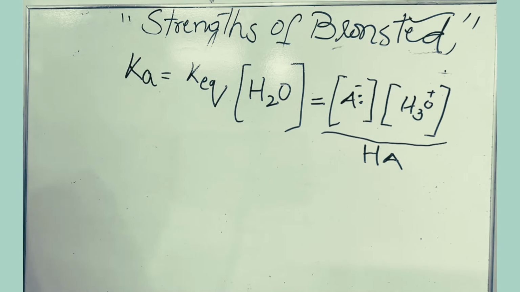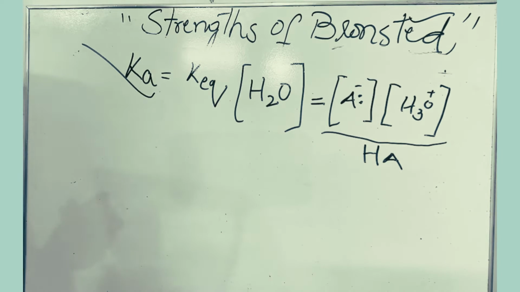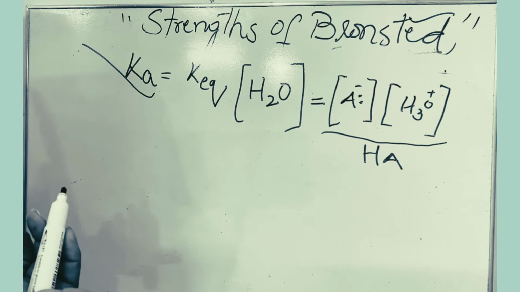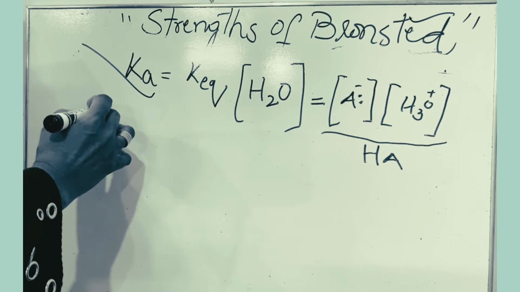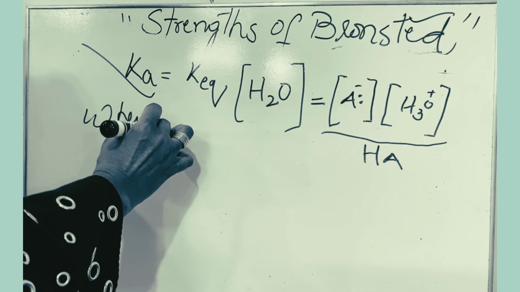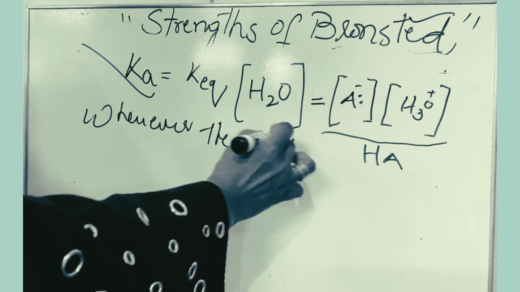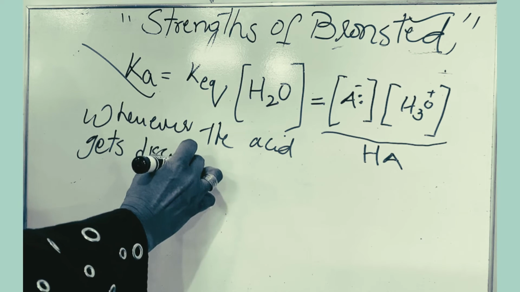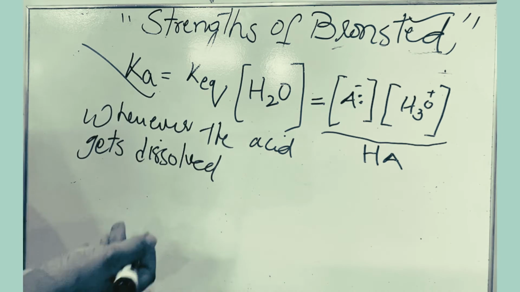Now as every acid contributes its distinctive dissociation constant, whenever the acid gets dissolved in water at some concentration, increased hydronium ions are formed. This is simple: I'm writing this because it is a very important statement and it is supposed to be learned by the candidate who is going through this topic.